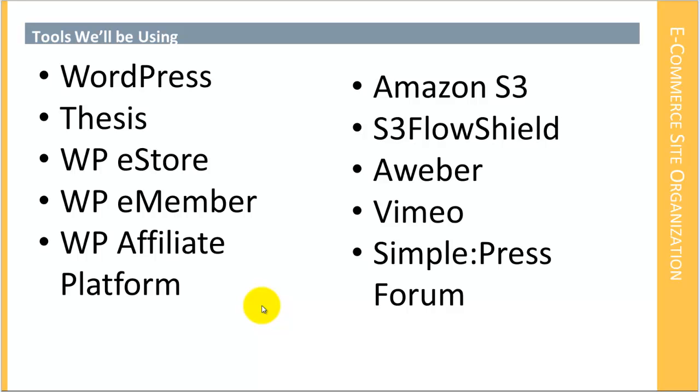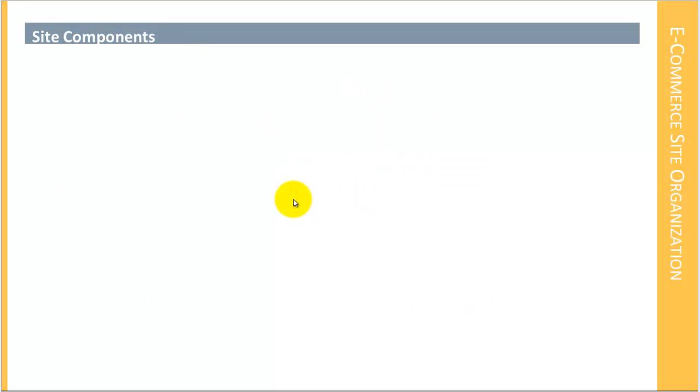And so we'll be using these tools exclusively in the course. There are certainly other tools that you can use, but we won't be covering them. There will be a handful of less important plugins that we'll also be using as well. But in terms of our principal tools, these are the principal tools that we'll be using.